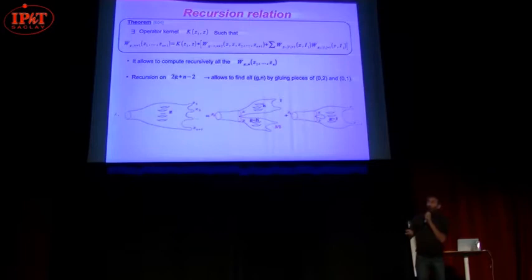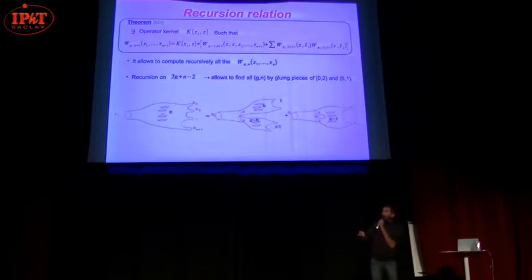And you can illustrate this formula by this picture. If you want to compute WGN with a certain genus and number of holes, I illustrate this kernel by the piece which is here, and all the brackets here are either products of W's, or a W of G minus 1.